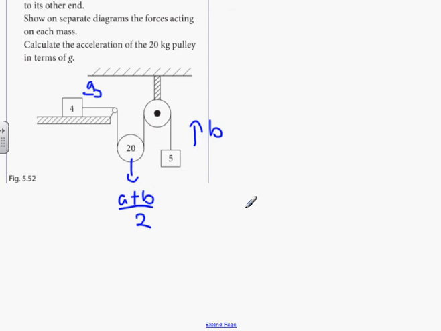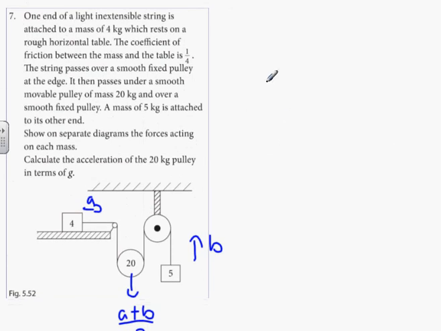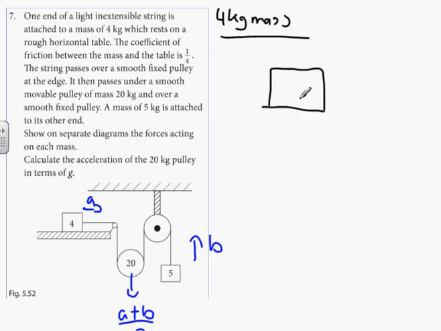Your next job is to draw each system in isolation. We'll start off with the 4 kilogram mass. And in your Leaving Cert, you get a lot of marks for drawing these diagrams in isolation, so please make sure you do it. Tension is the same because it's one string. So we're going to have tension yanking the 4 kilogram mass to the right.